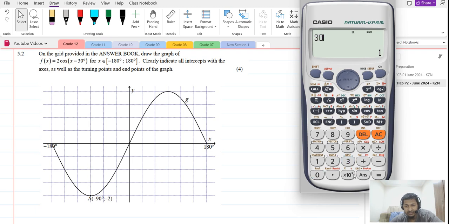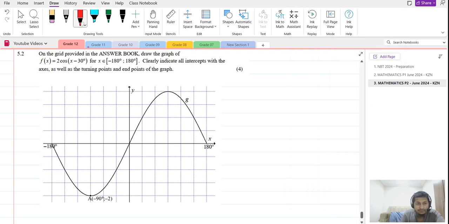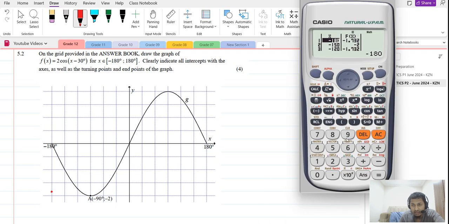Alright, so at -180 it is -1.732. It's -1.732, which will be down here. At -150 it is -2.